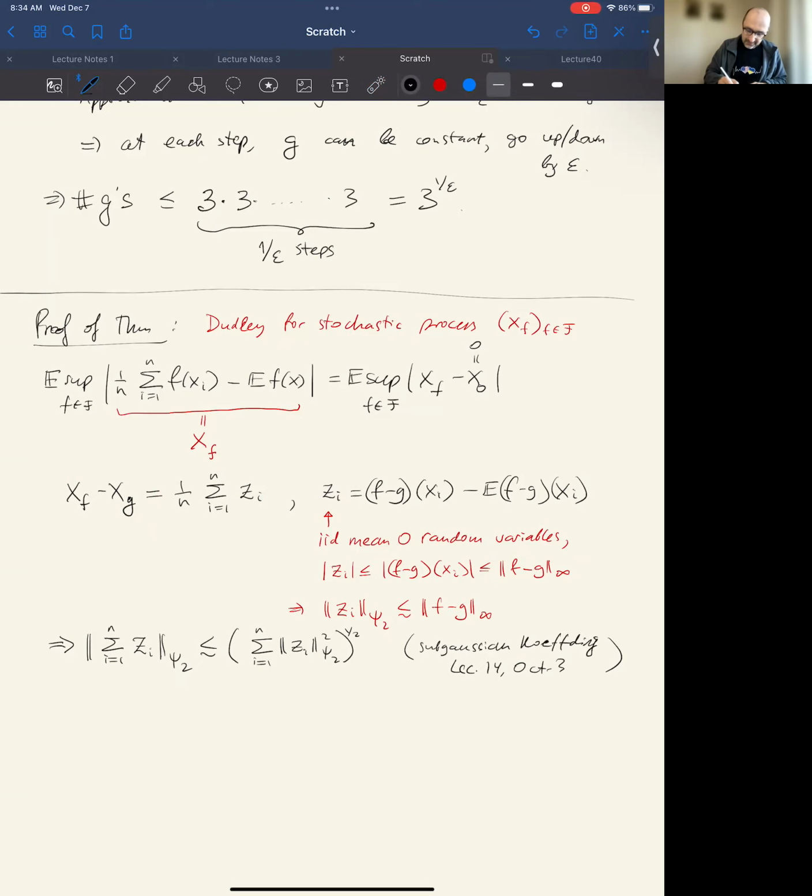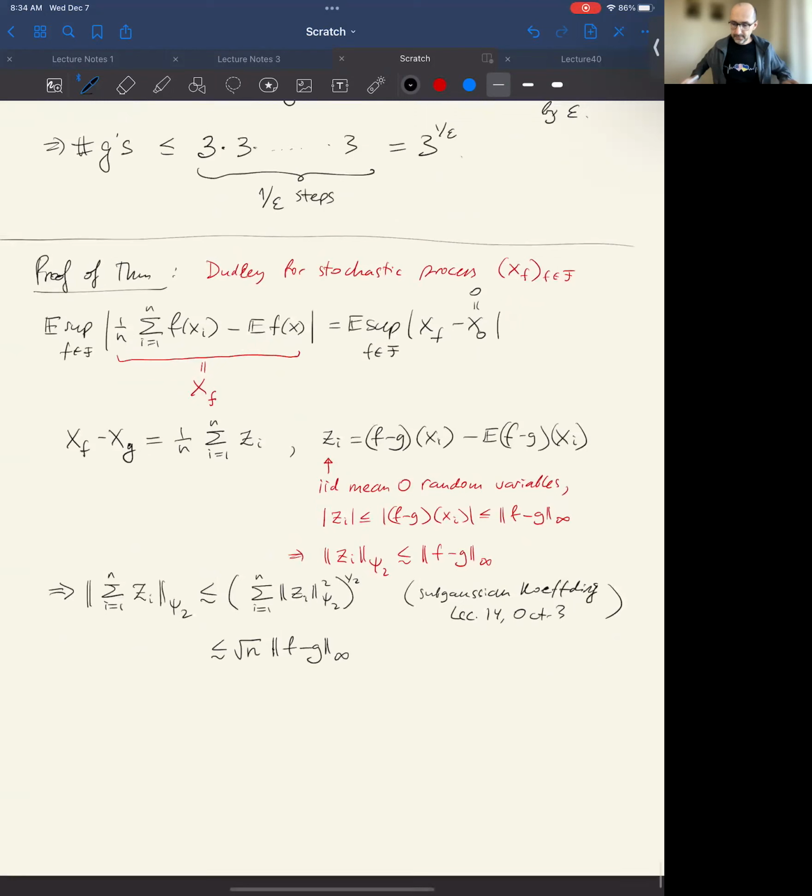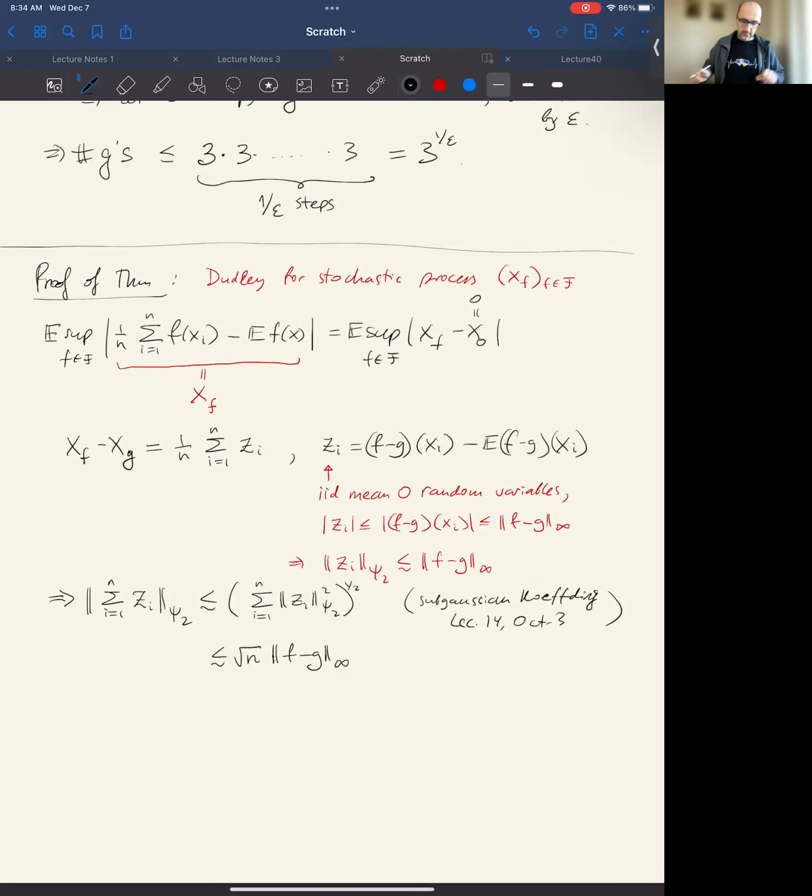Perfect. Okay, that's it. So now we just look at this, substitute each term, and it will be less than root n times the sup norm of f minus g. Each term is bounded like that, so we have n of them. Yay!